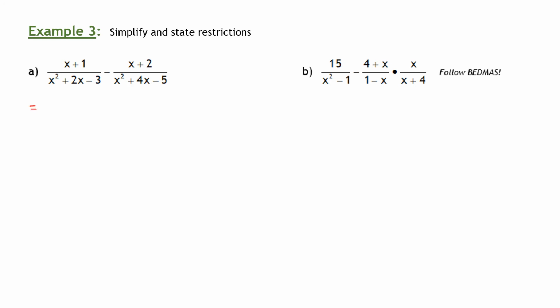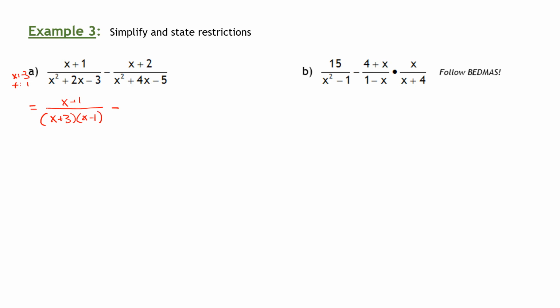Well, our first numerator is a binomial that cannot be factored, so I'm just going to rewrite that. What about our first denominator? That looks like it might be an easy trinomial. Let's see, are there 2 numbers that multiply to -3 and also add to 1? Yes. So we're going to factor that to x plus 3 and x minus 1.